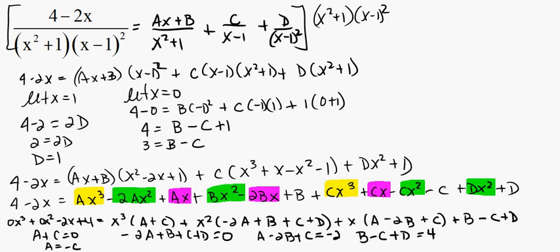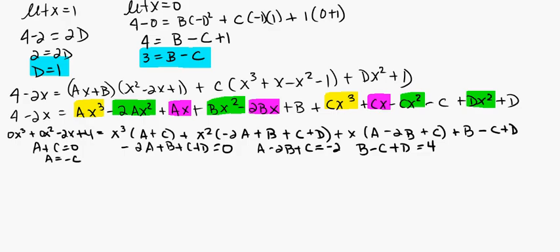So let's just keep in mind that we know d is equal to 1, and 3 equals b minus c. So here I know that d is equal to 1, so I'm going to rewrite this as negative 2a plus b plus c plus 1 equals 0. So negative 2a plus b plus c equals negative 1.